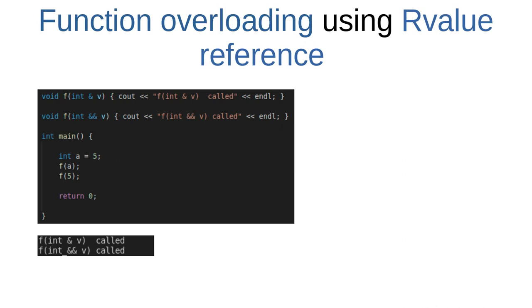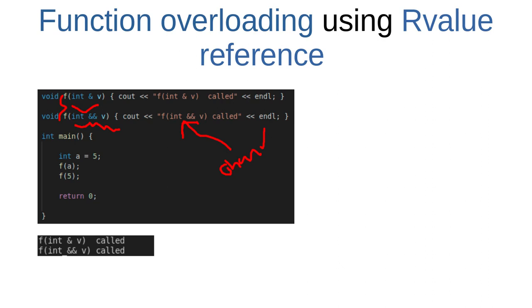Function overloading using R value reference. Here I have a function that takes an L value reference as a parameter, and this is the same function name. The function itself is overloaded using the R value reference. In this case, inside the function, I can change the value v, while if I defined it as a constant integer reference, I can't change the value inside the function.